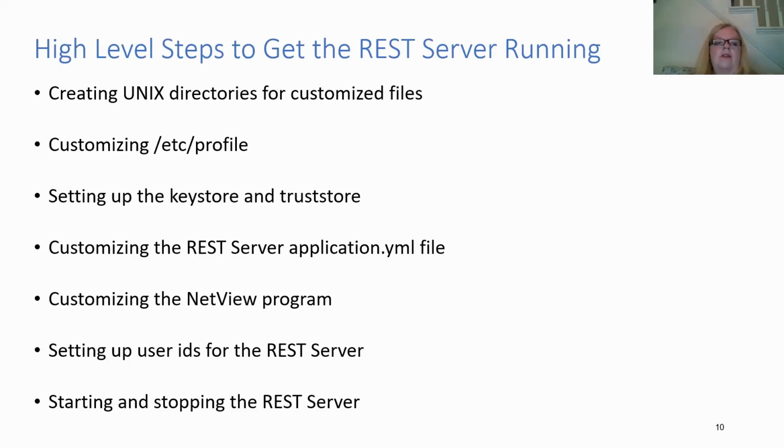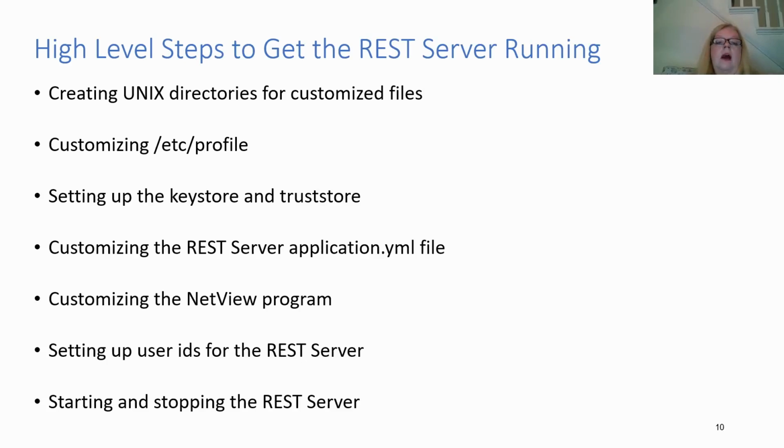Okay, so these are the high level steps that I ended up using to get the REST server set up and running. First you need to create some Unix directories for some customized files. Then you need to do some customizing of /etc/profile. You need to set up a key store and trust store for the REST server.